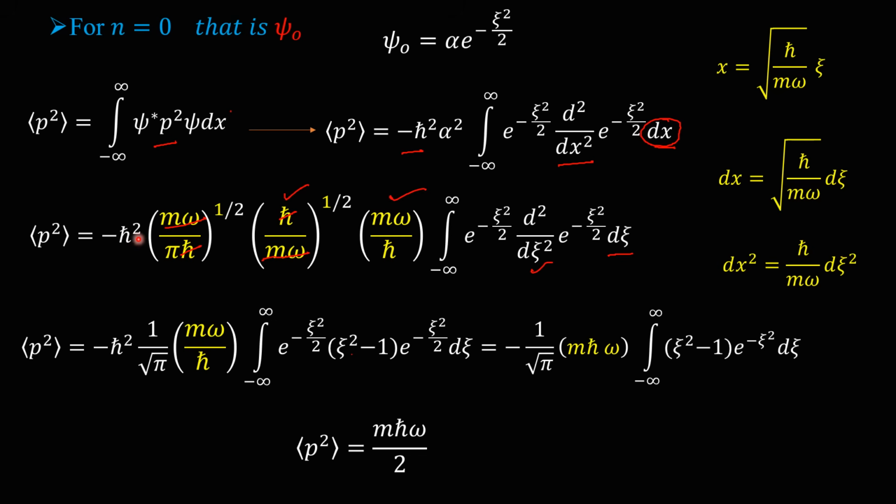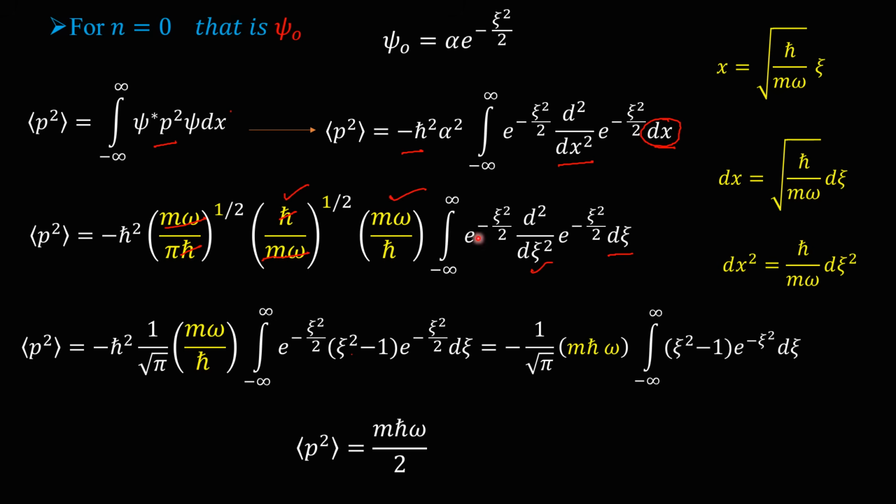So now you will get minus h cross squared. Here 1 over square root of pi. Here the first term you have 1 over square root of pi, and the second term fully gets cancelled with this one. So then the third term, m omega over h cross.